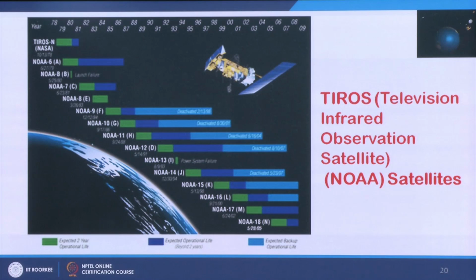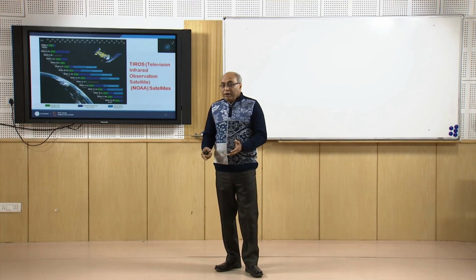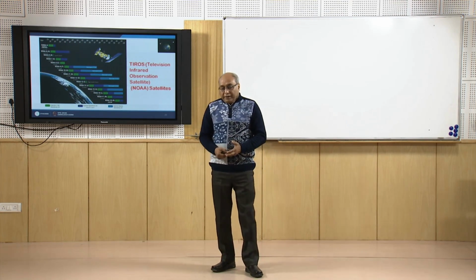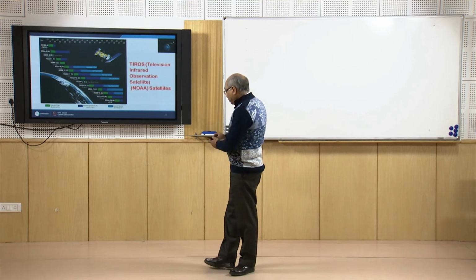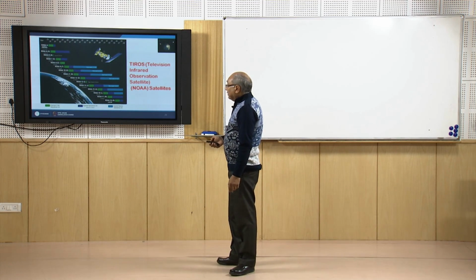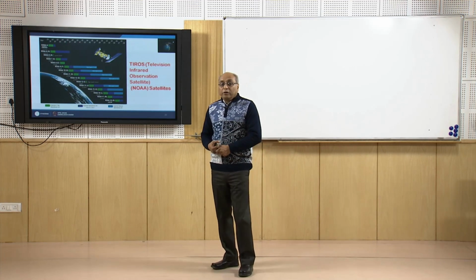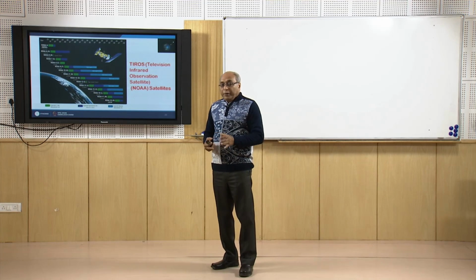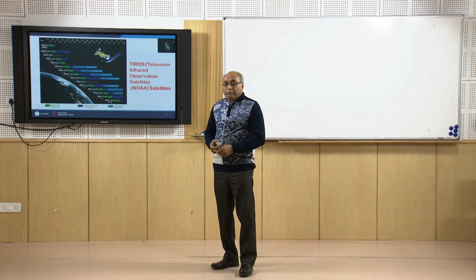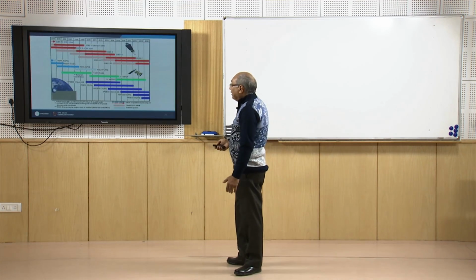The sensor is the Advanced Very High Resolution Radiometer, AVHRR. This sensor is still very popular. Though it provides data at 1.1 kilometer spatial resolution, its swath, or footprint, is very wide, about 2800 kilometer, so it covers a very large area in one go.